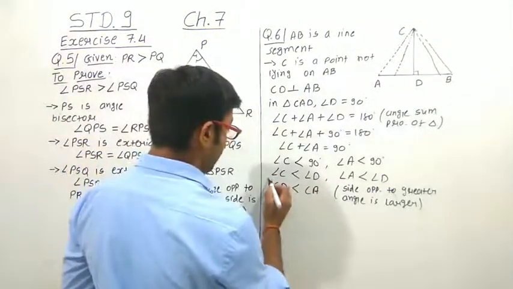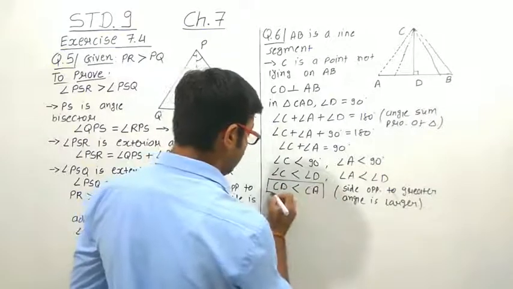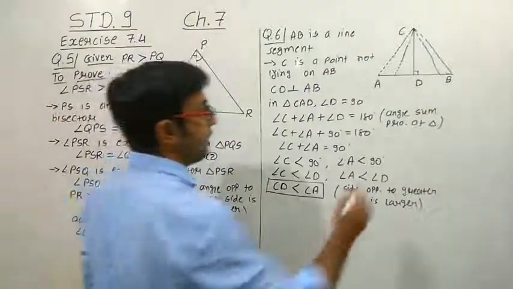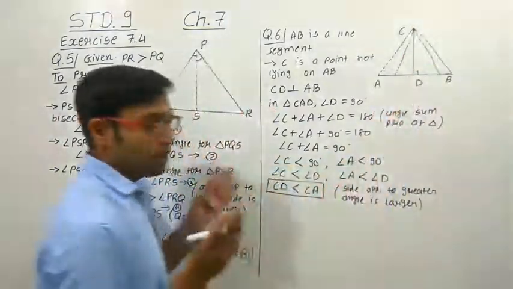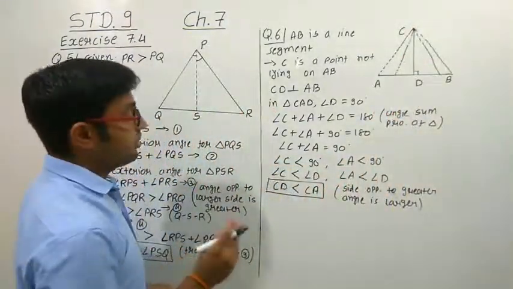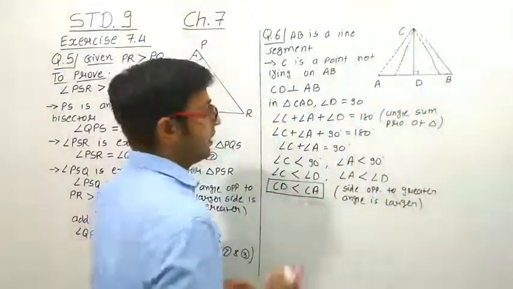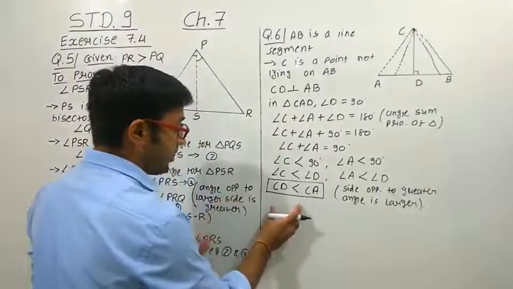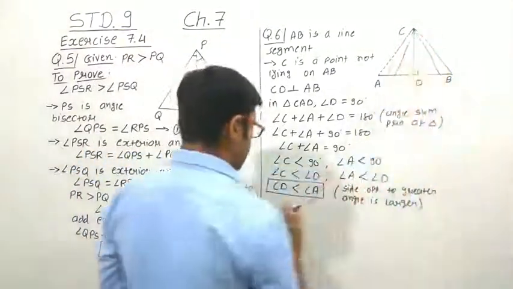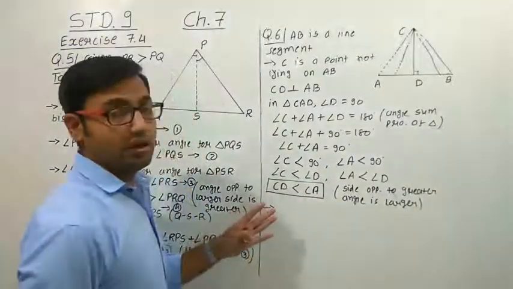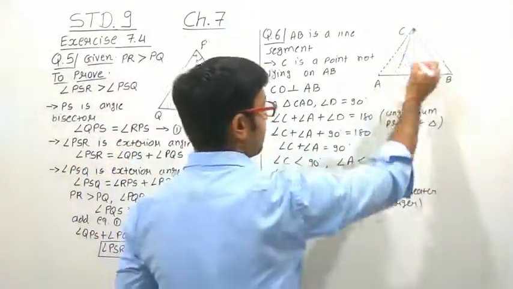What we need to prove is that the perpendicular distance from any point to a line segment is the shortest distance. Here we consider the two distances, C to D and C to A. Out of these, we get that CD is the smaller. And what is CD? CD is the perpendicular distance from this point to the line segment.